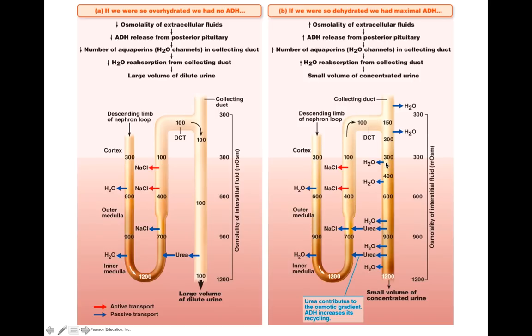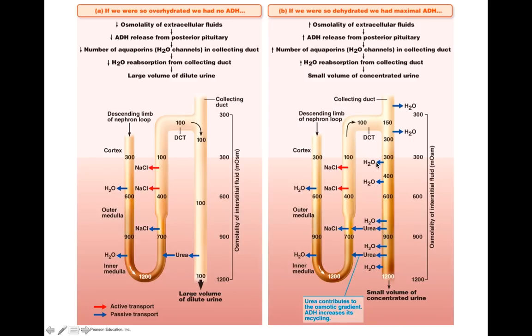You would have no more net movement of water because even though you have these aquaporins, water is still just going to move by osmosis from an area of high concentration to low concentration. If the concentration is the same, if it's 300 on both sides, then that is as much water as you can reabsorb. No more water would exit.